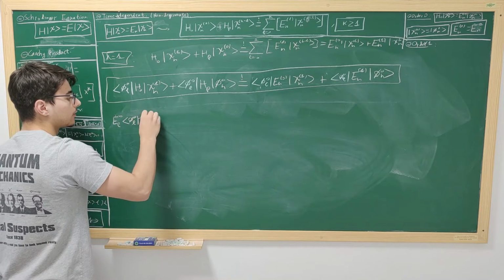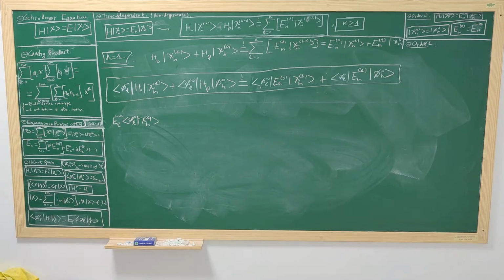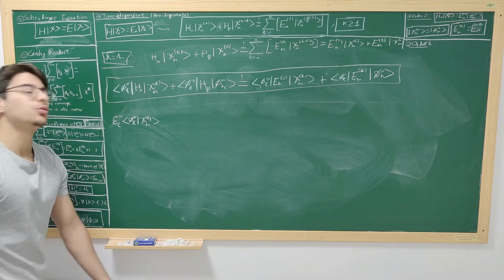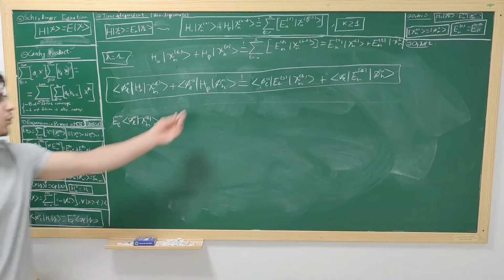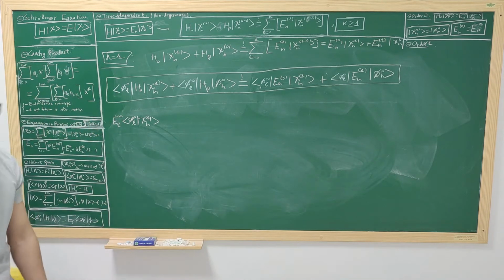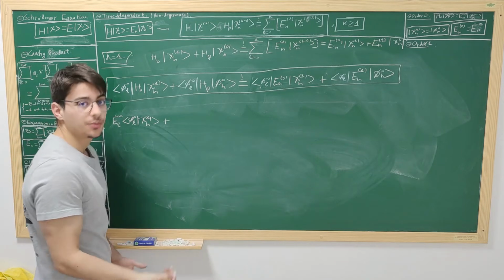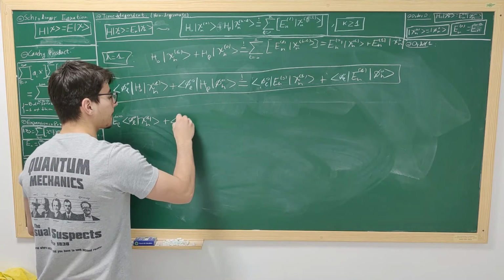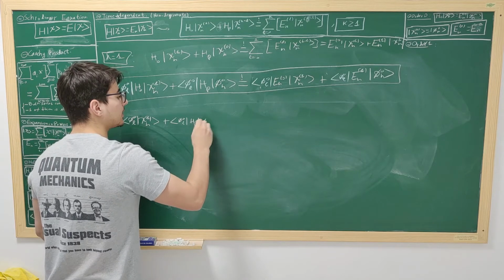So again, gamma is just the first correction to the eigenstate. This one, we can't really do anything with. We cannot follow the same procedure because we haven't specified what HP is. We don't know how HP acts on anything. So in general, we will just leave it like this.